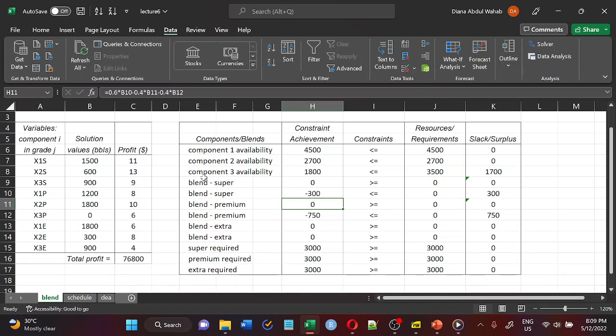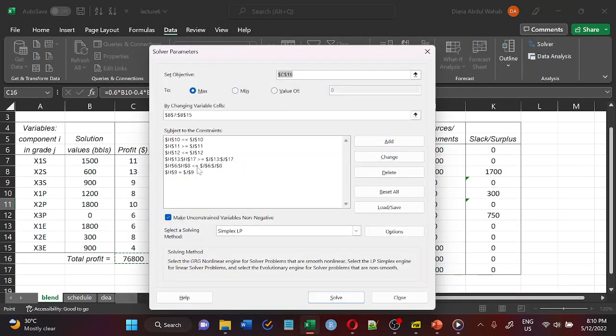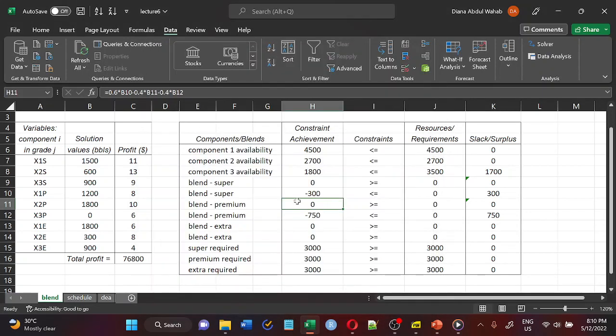So let me just find an explanation on why I got the correct answer as in the textbook here. I try to understand why H9 is set to be equal to J9. Now let me see, H9 is this one, the blend super.